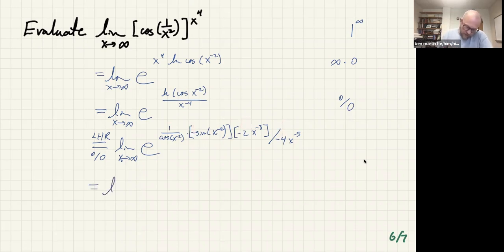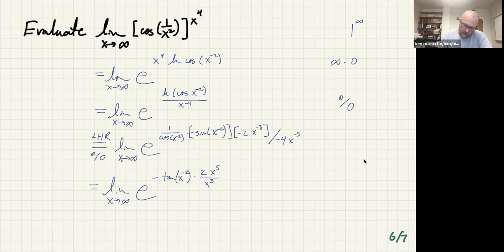So equals limit x is going to infinity, e to the power negative, because 3 negatives, you get some cancellation, tangent of x to the minus 2, and then times, if you do some cancellation there, you should have 2 remaining on top, x to the 5th, and then an x to the 3rd there.